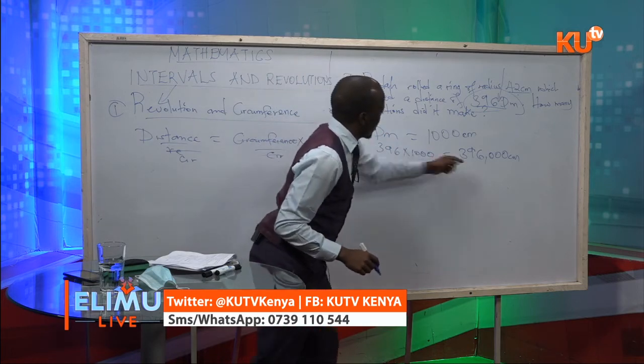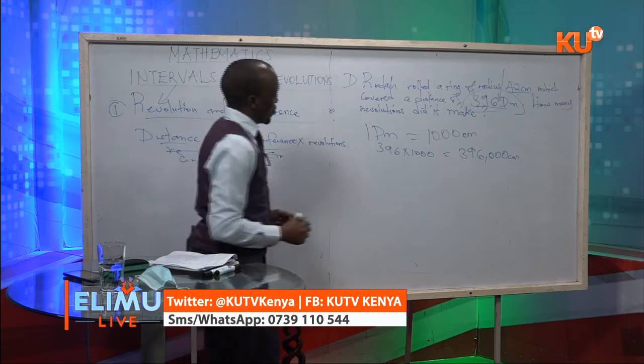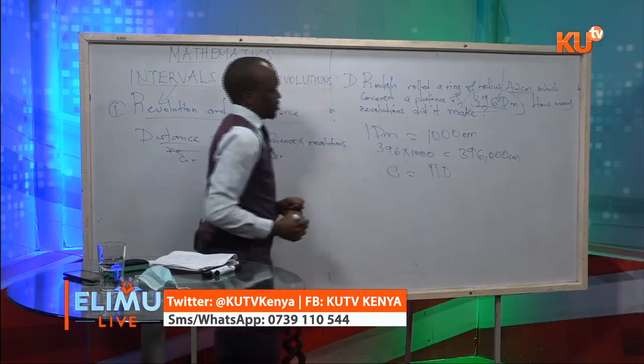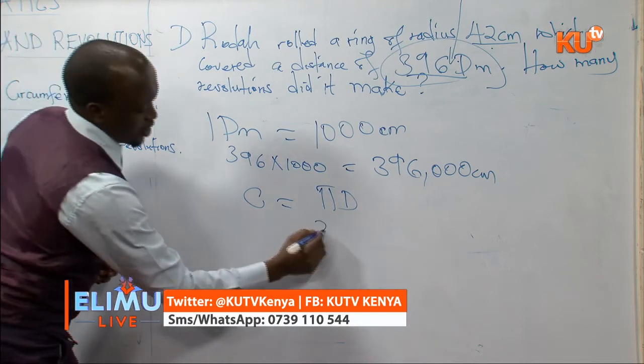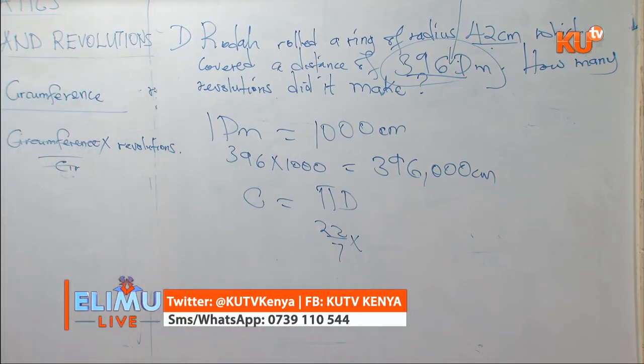The distance is already given here. So let us find the circumference of this circle. And we say that circumference is equal to pi d. 22 over 7 times the diameter. We say that the two radii make a diameter.